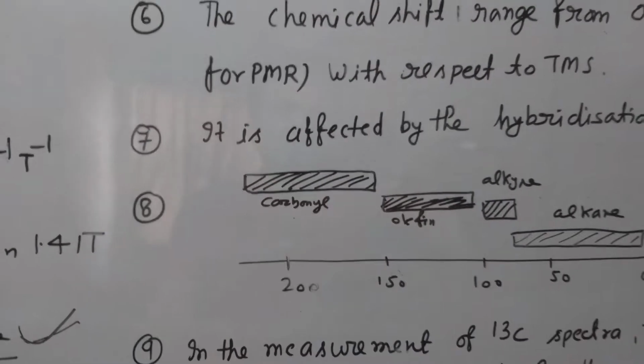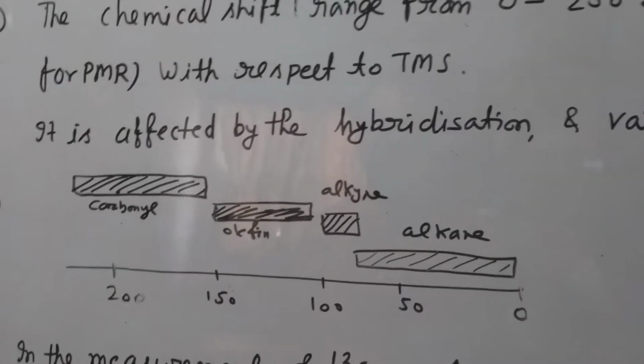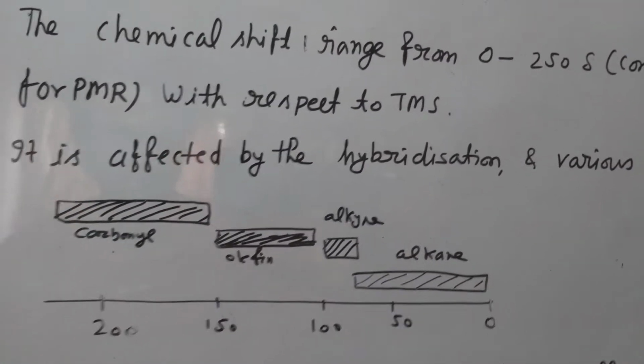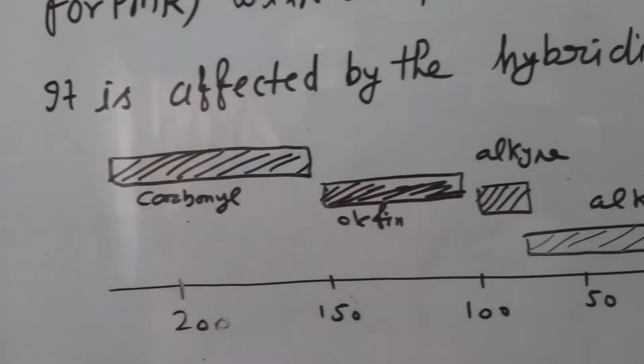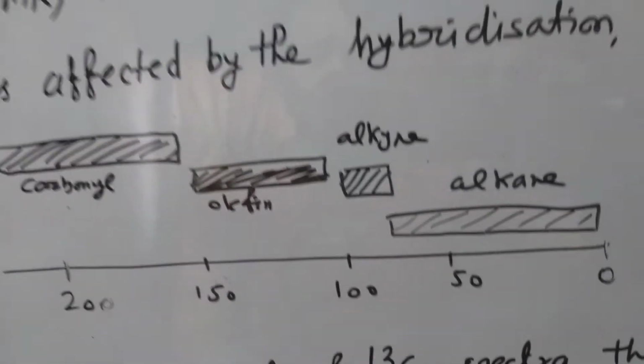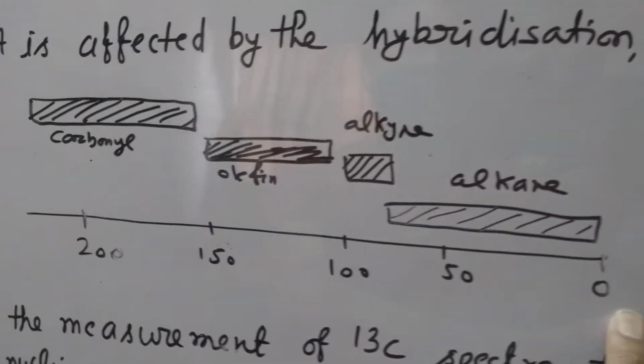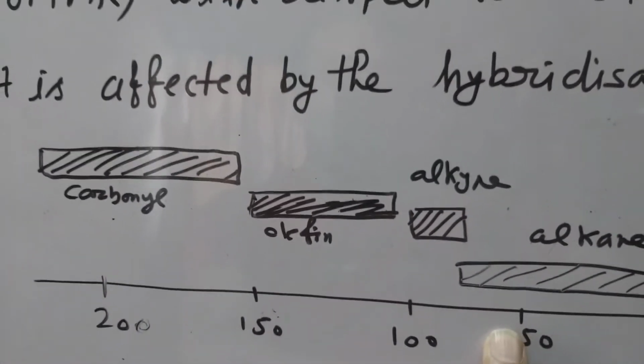There are various factors which can affect the value of the chemical shift, like hybridization and electronic effects, but we will not discuss more about that. But here there is a table in which we have given the values. For alkanes it can range from 0 to about 60.